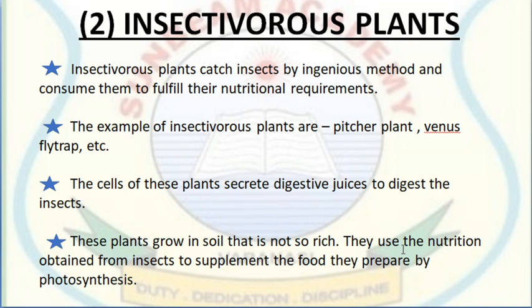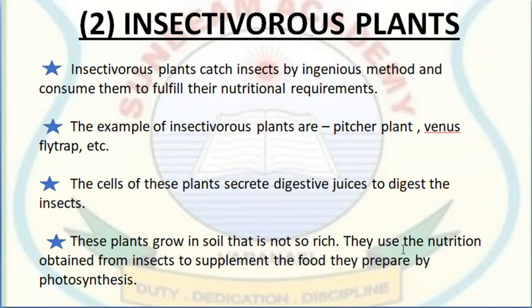In the pitcher plant, a leaf becomes modified to form a pitcher-like structure with a lid. Inside the pitcher, there are hairs pointing downwards. When an insect enters the pitcher plant, the lid closes to trap the insect and it gets entangled in the hair. The cells of the pitcher plant secrete digestive juices to digest the insect.